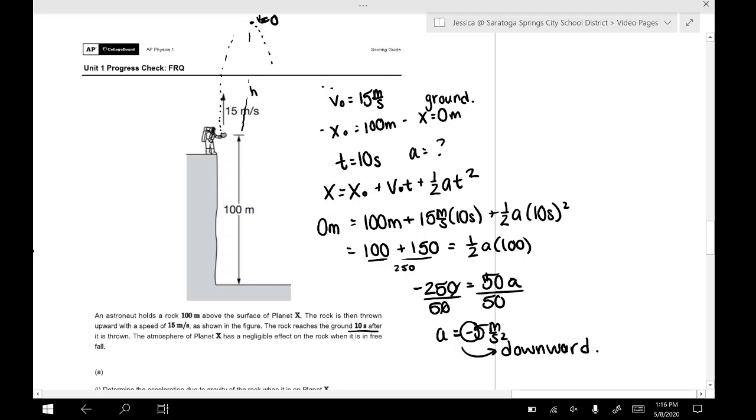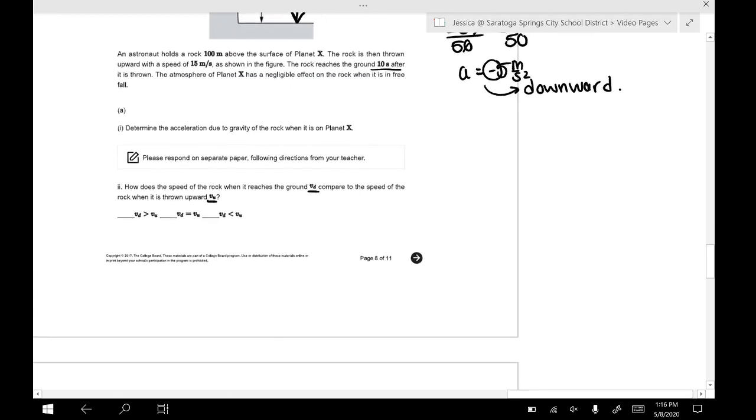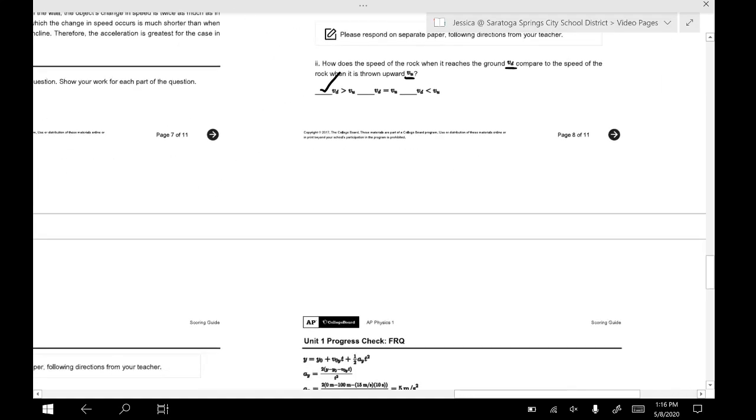When it falls back down that same distance h, it will again have a speed of 15 meters a second, because remember, we have some symmetry occurring. However, the ball doesn't land there. The ball keeps falling, which means the ball continues to accelerate to some speed larger than 15 meters a second. Okay, so VD is going to be larger than VS.